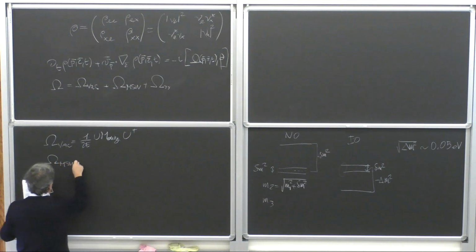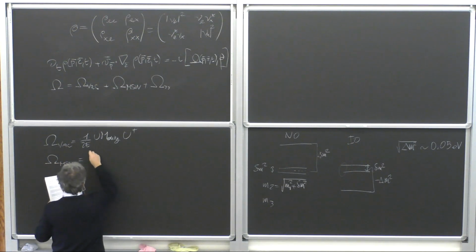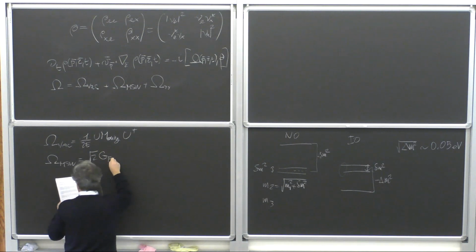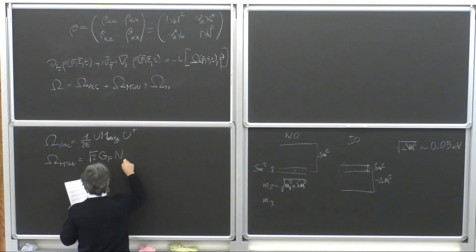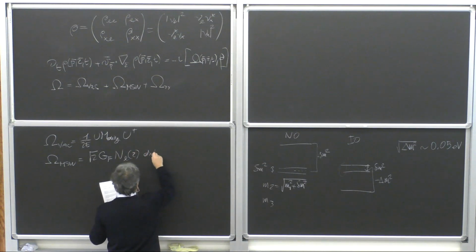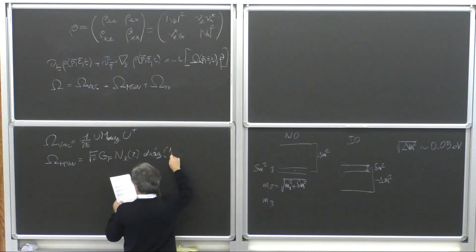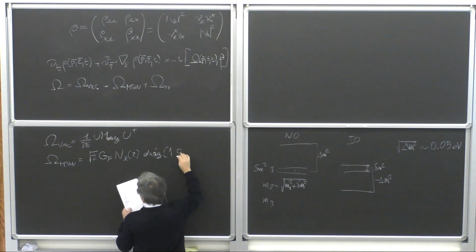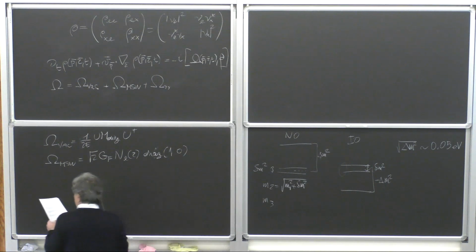The MSW term is square root of 2 G_F N_E(R) diagonal (1, 0), actually in two flavor only this one.